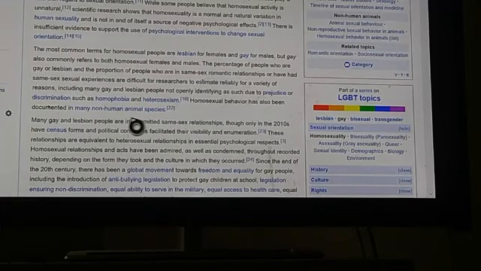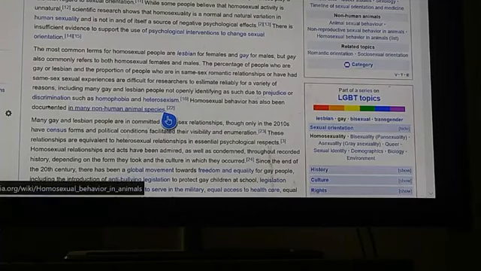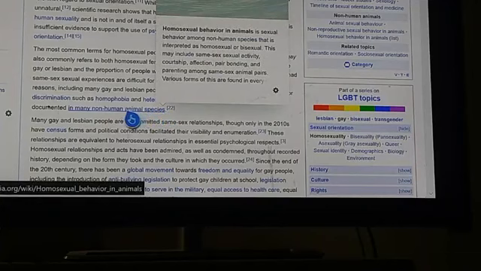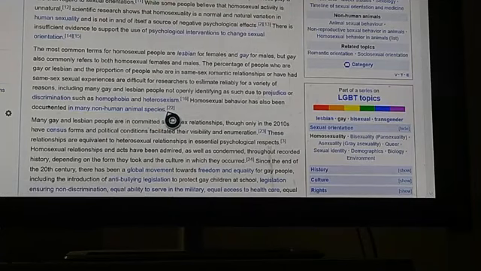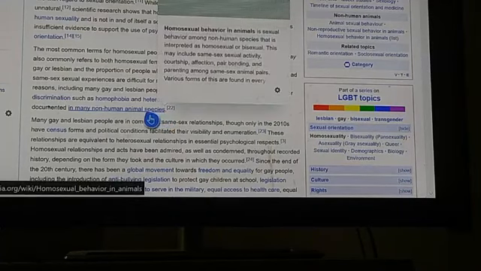Homosexual behavior has also been documented in many non-human animal species, and wrong. This is because animals, especially the ones that aren't as intelligent, don't have that human like we have.